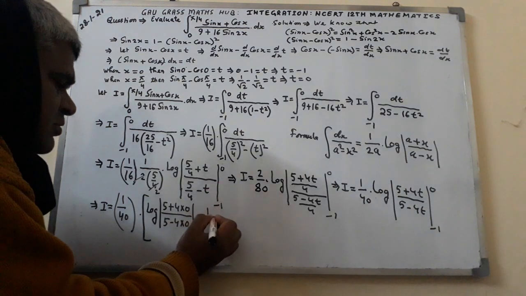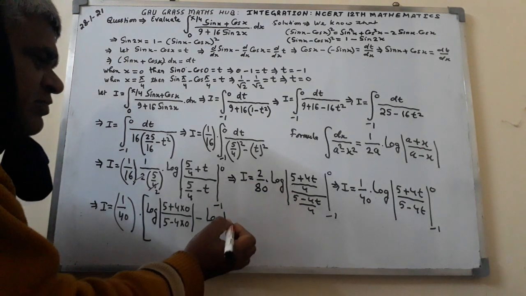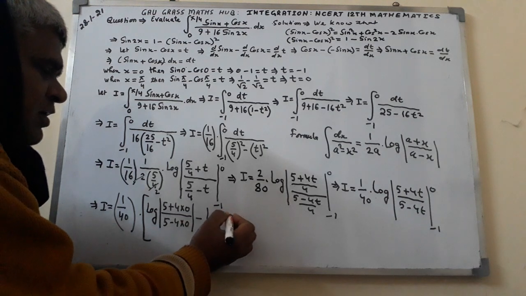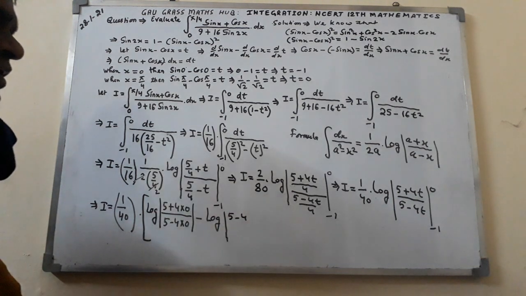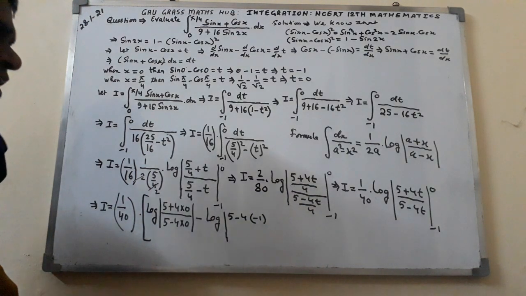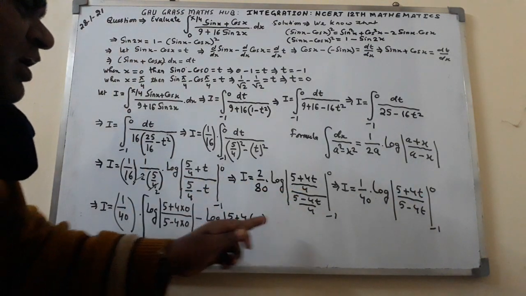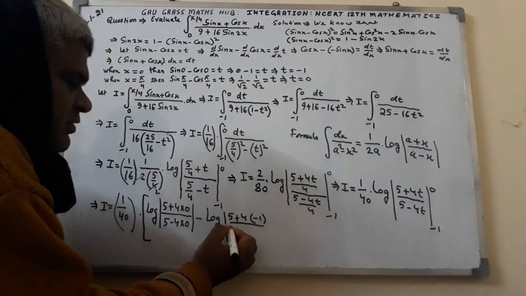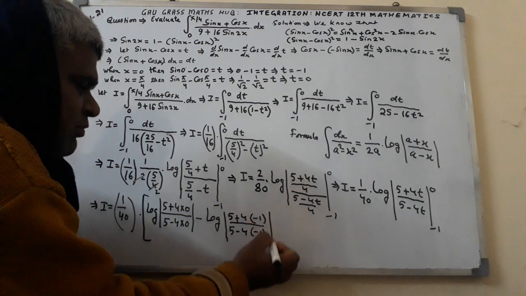Again I shall write log mod, minus 1 in place of t: log mod (5 minus 4) over (5 plus 4 in place of t minus 1), whole over, 5 minus 4 in place of t minus 1, I shall write mod.